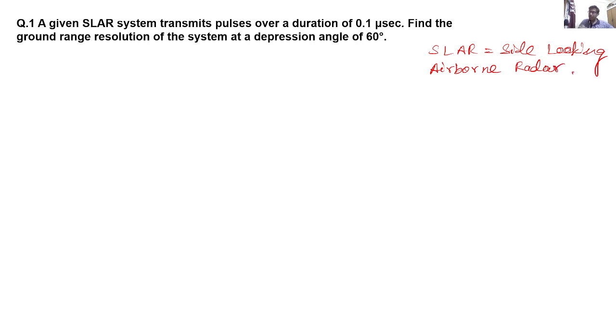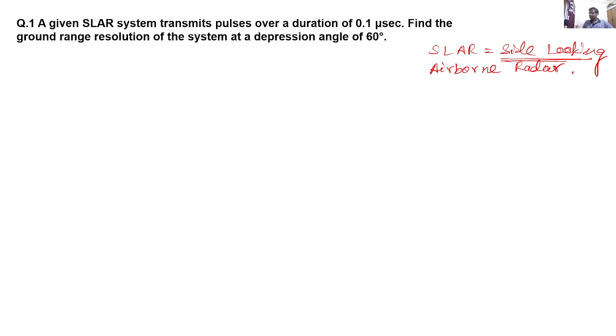Whatever direction it is moving in, which we call the azimuth direction, it looks on its side. That is why it is known as the side looking airborne radar. Anyways, the question states that the pulses are transmitted over a duration of 0.1 microseconds. Note that the time is so small because it's electromagnetic radiation, the speeds are massive. Find the ground range resolution of the system at a depression angle of 60 degrees.